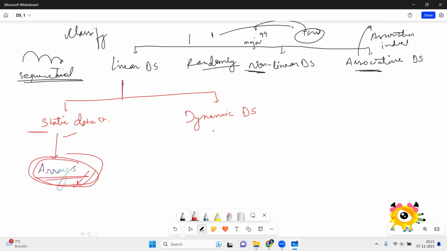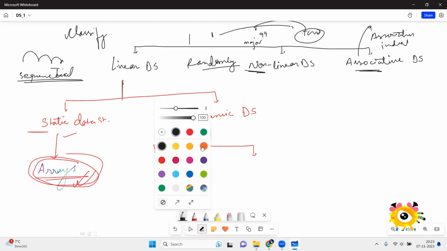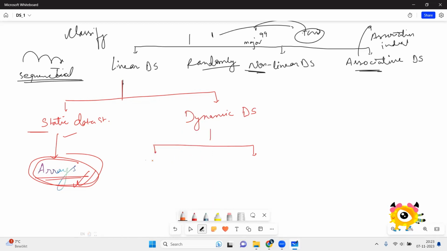Then we have dynamic data structures. For this, we have examples as, any guess? You can write it down in the comments right now. Yeah, you must have heard about a stack.